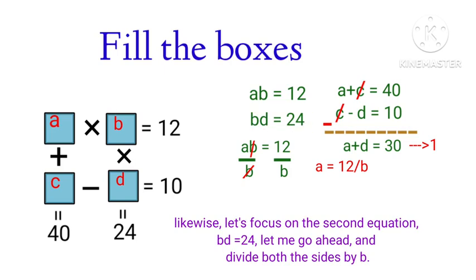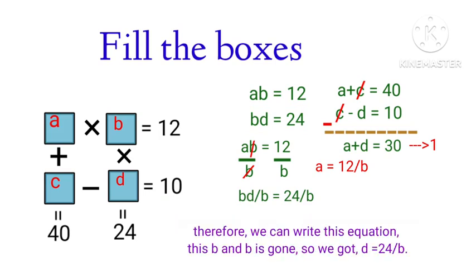Let me divide both sides by B. Therefore, we can write this equation. This B and B is gone, so we got D equals 24 divided by B.